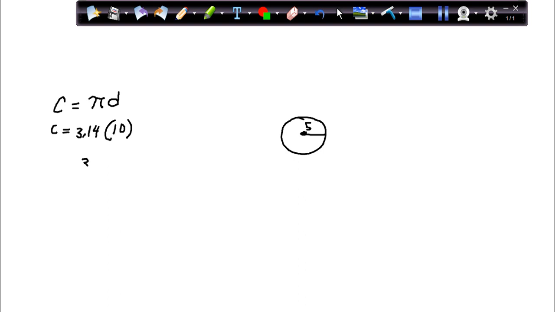Your answer is 31.4 centimeters. Okay, so that'll end our lesson on circles, and we'll stop here.